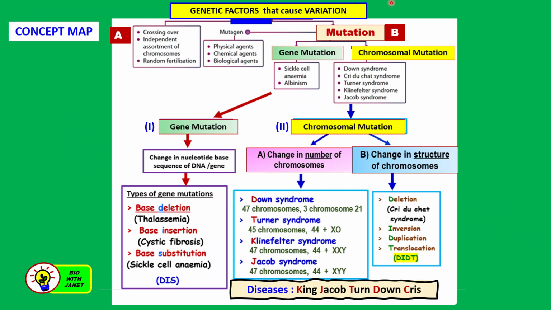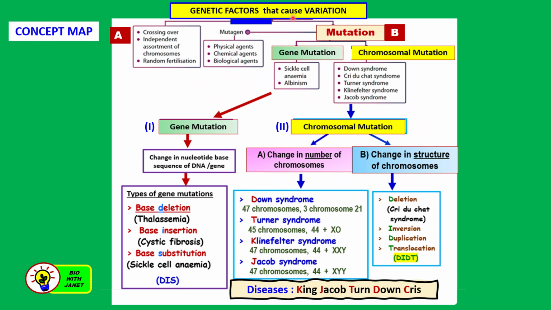Here's the concept map on genetic factors that cause variation. Factors that cause variation can be divided into genetic factors and environmental factors. For genetic factors, there are lots of things to talk about; the content is a lot.